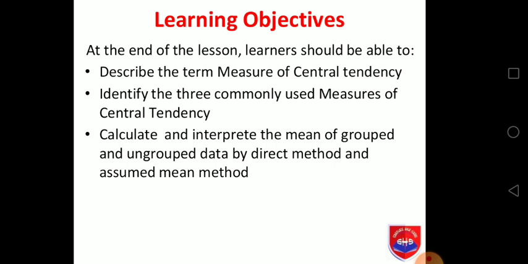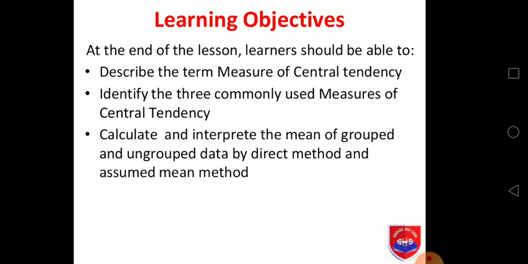At the end of the lesson, learners should be able to describe the term measure of central tendency, identify the three commonly used measures of central tendencies, calculate and interpret the mean of group and ungroup data by direct methods and assume mean method.